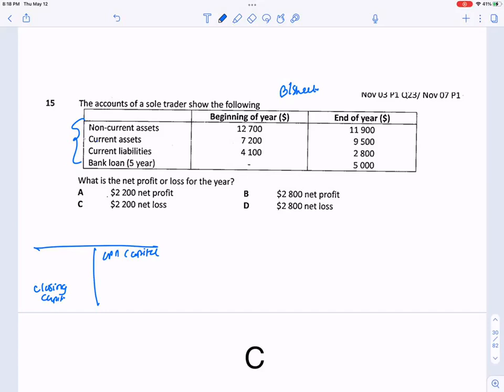How will you prepare a balance sheet or statement of financial position for the first date? Yes or no?